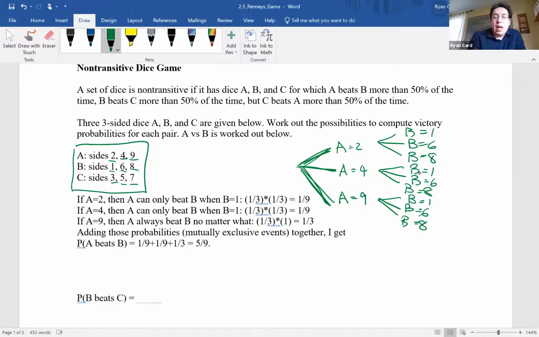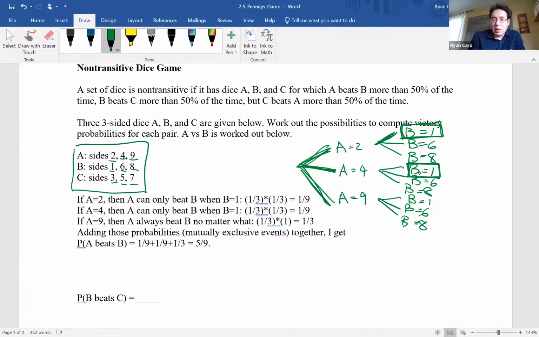If A rolls a 2, the only way A could win is if B was 1, right? So this is the case where A wins. If A is a 4, again, the only way A could win is if B is 1.